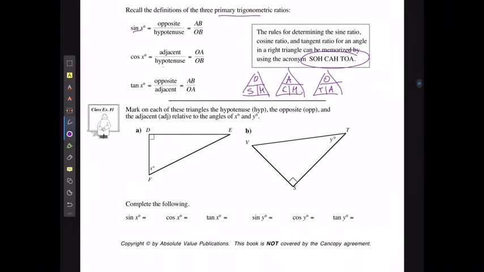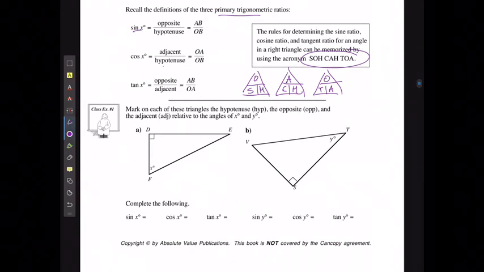So, given angle x, we're going to label the side lengths here: the hypotenuse, the adjacent, and the opposite, relative to the angle. For the first one, I always start by stating the longest side length is going to be my hypotenuse. Remember, it's always opposite that right angle.